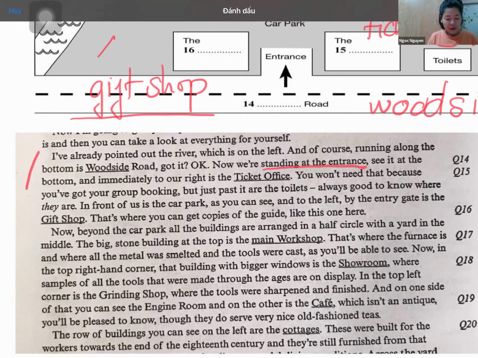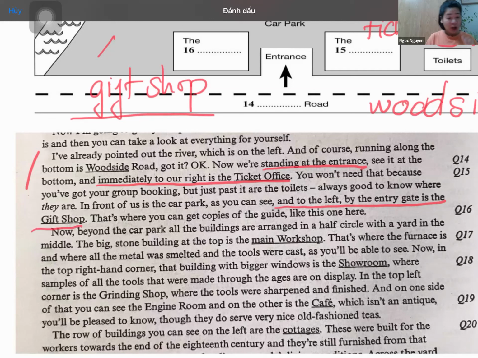Immediately to our right is a ticket office, and to our left, by the entry gate, is a gift shop.